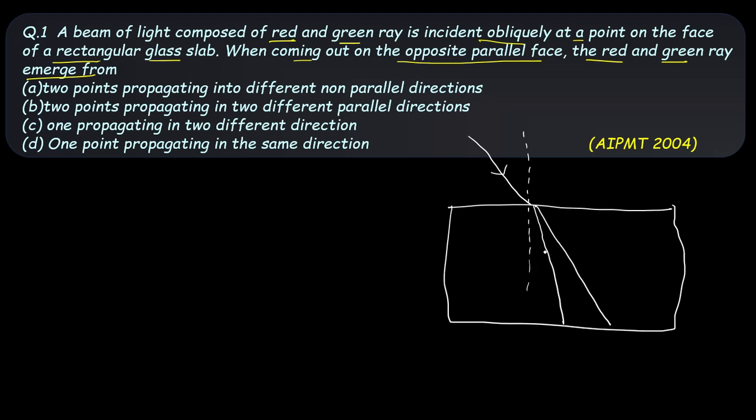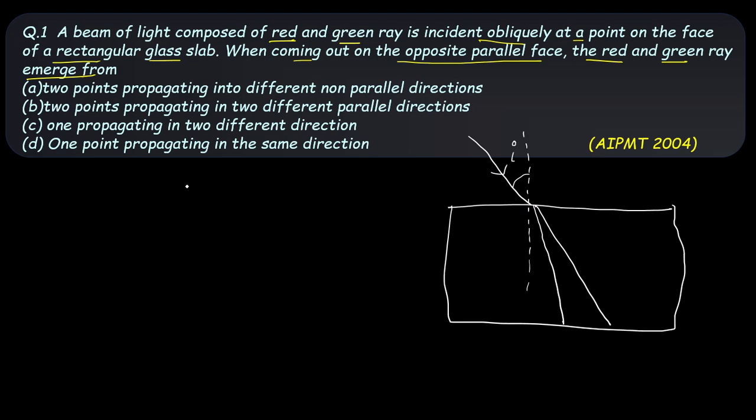Why will they be separated? Because on this interface the rays of light will bend according to Snell's law. Snell's law gives the refractive index of the medium, which depends on the wavelength of the light. But the angle of incidence for both the colors will be the same.